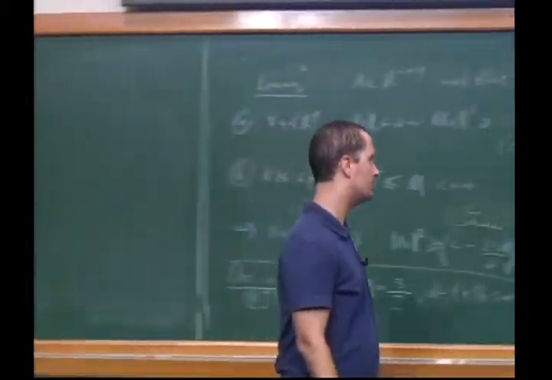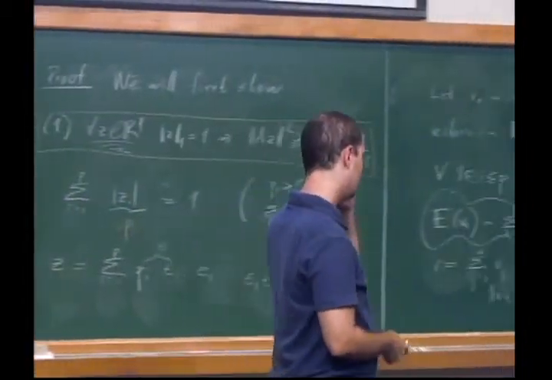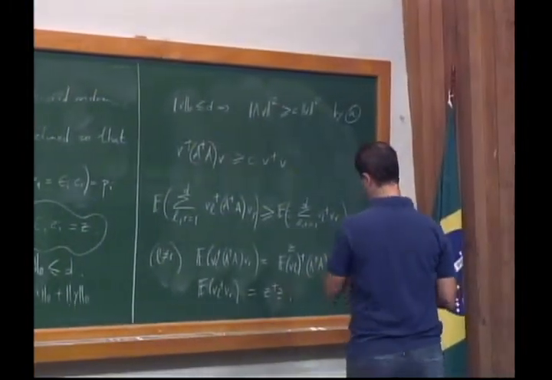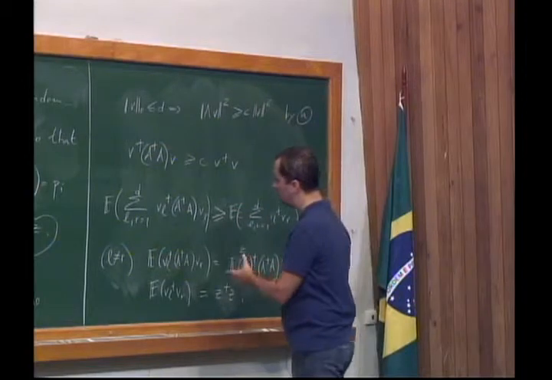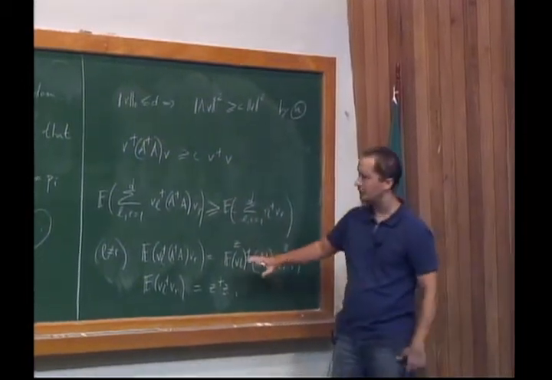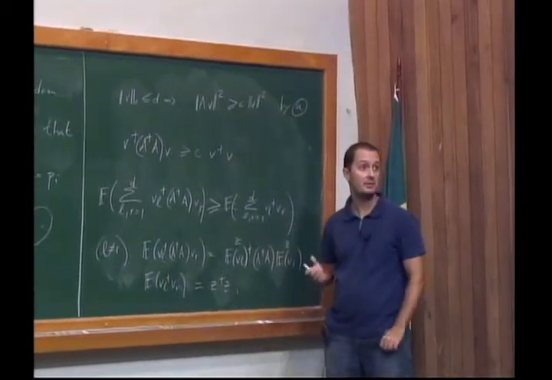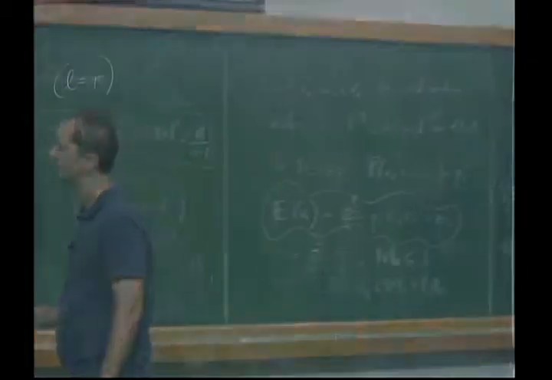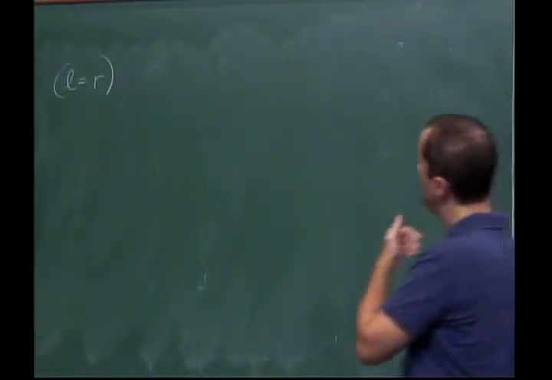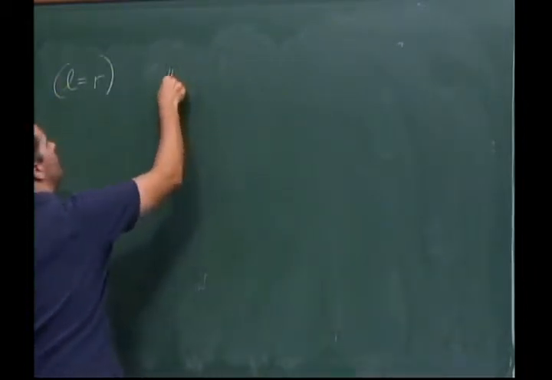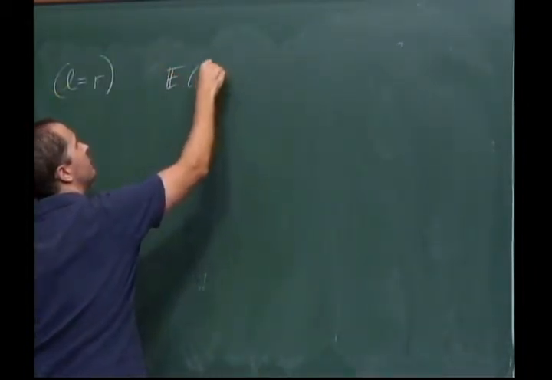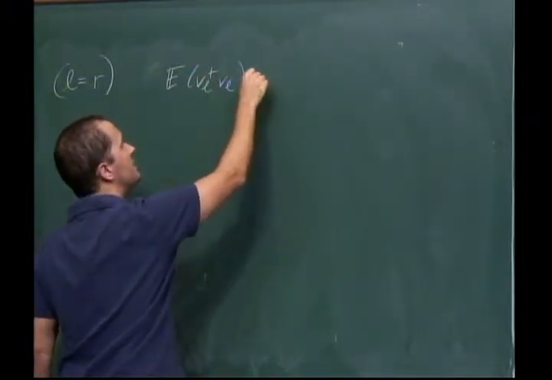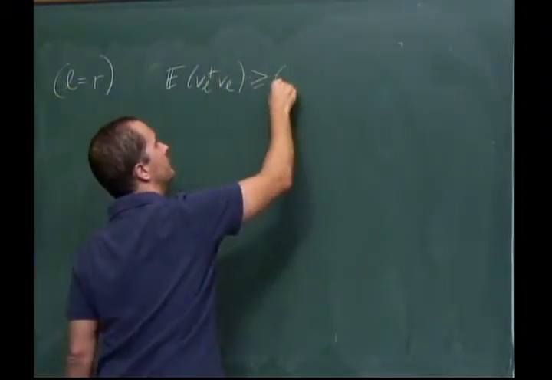So for L equals R, we're not going to use an argument like this. We're just going to write down the expectation explicitly, right? So when I look at the expectation of VL inner product VL, I'm just going to say this is greater than 0.